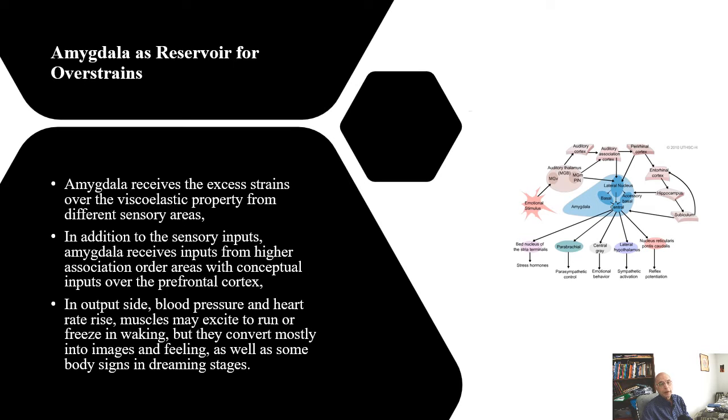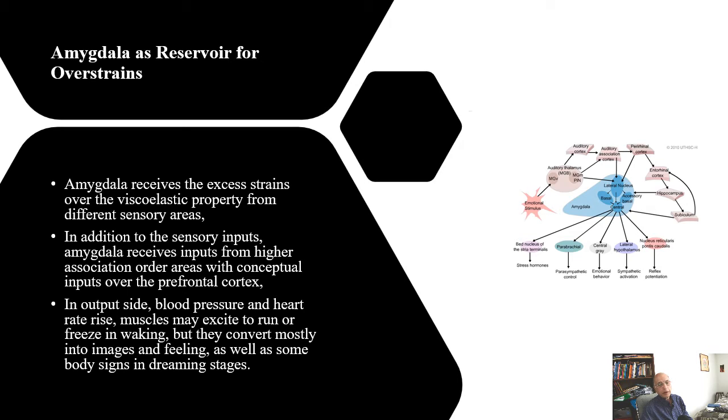And these concepts will be returned back to the sensory brain as inputs. On the output side, blood pressure and heart rate will rise with increase in emotions. Muscles may be excited to run or freeze in waking time, but they convert mostly into images as dream episodes and attached feelings.